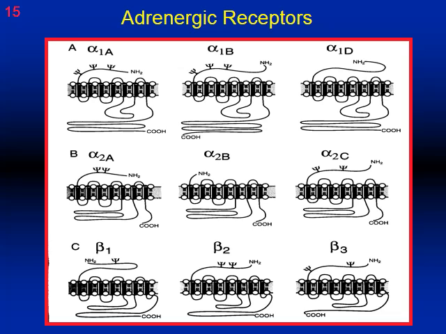Those pitchforks are a symbol for glycosylation. Glycosylation is a type of post-translational modification, a change to the protein after it's been translated. So the protein's been made, and it's now been somehow changed. Changed how? By adding a sugar to it.